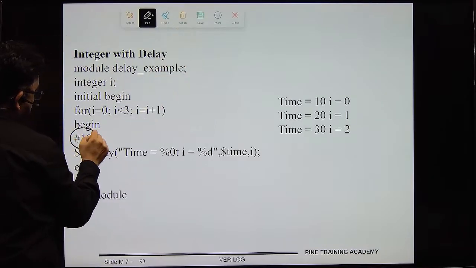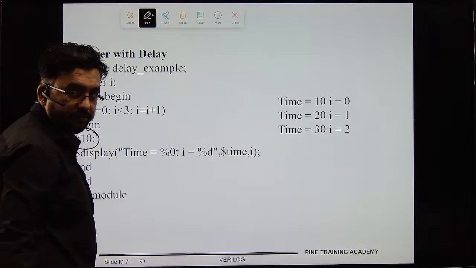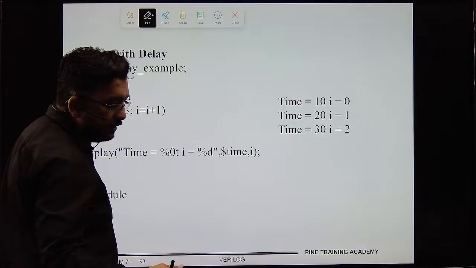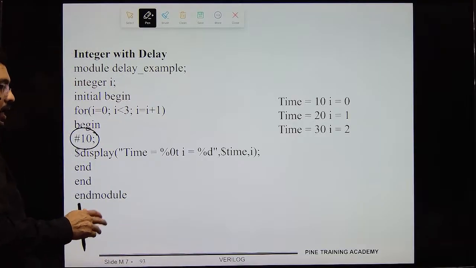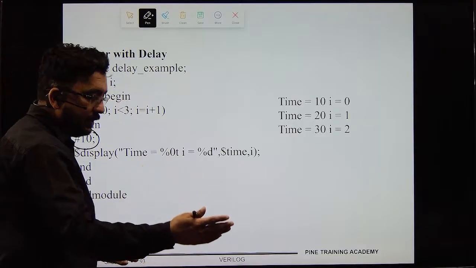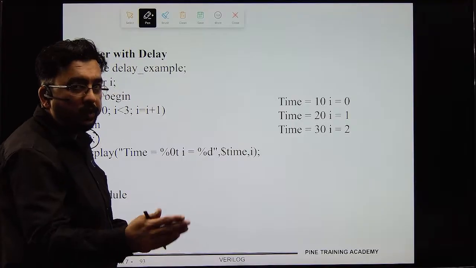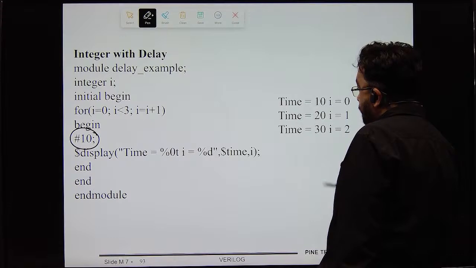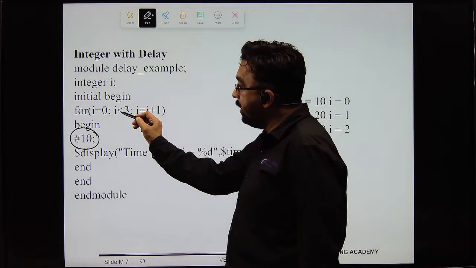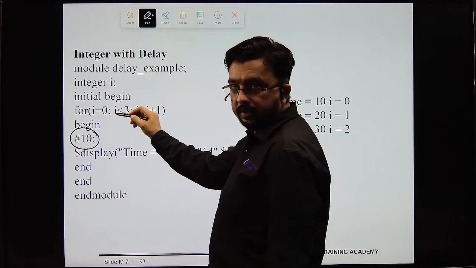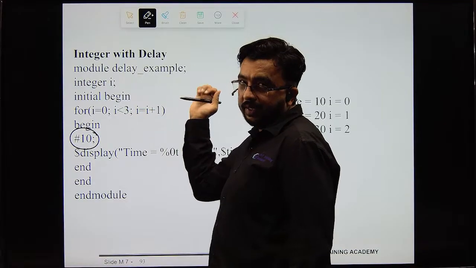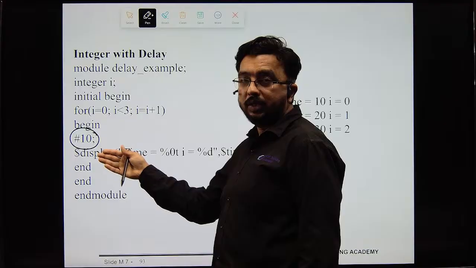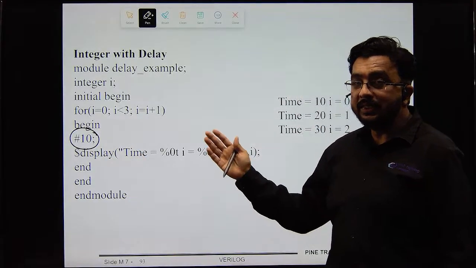this #10. Why? Because the first simulation is at 10 nanoseconds, and the second simulation will be added again after 10 nanoseconds, so the total will be 20, and the third will be at 30. Why does it run only up to 30? Because I starts at 0, so the loop should conclude at less than 3.